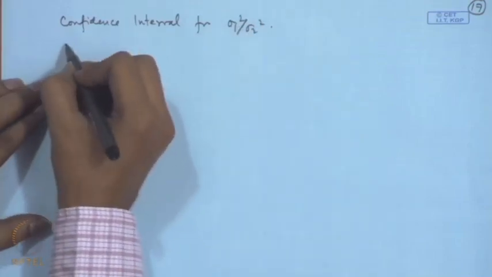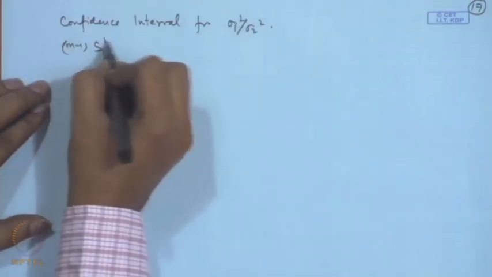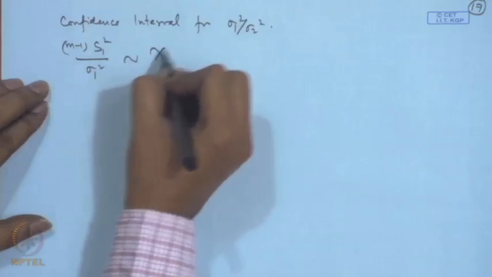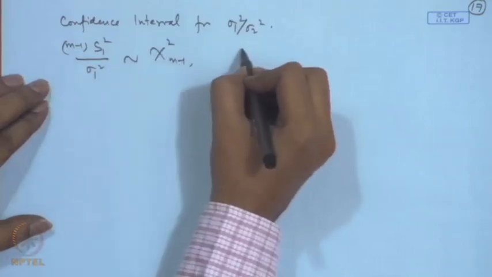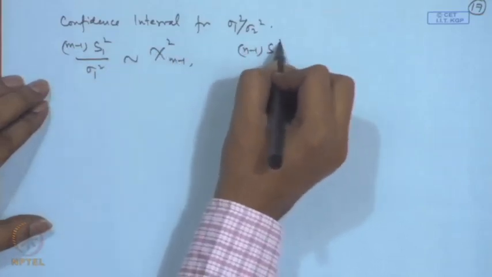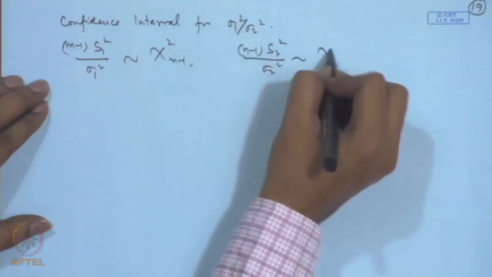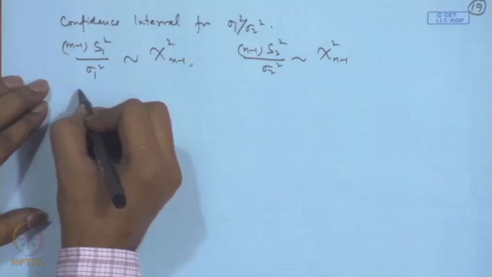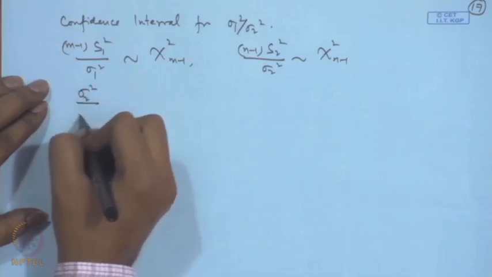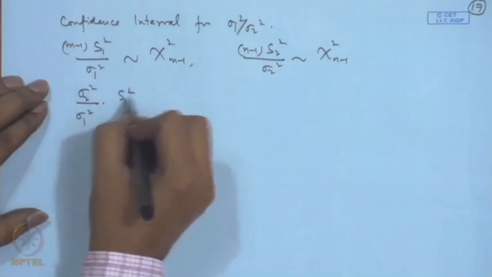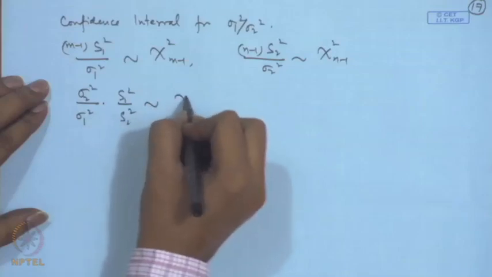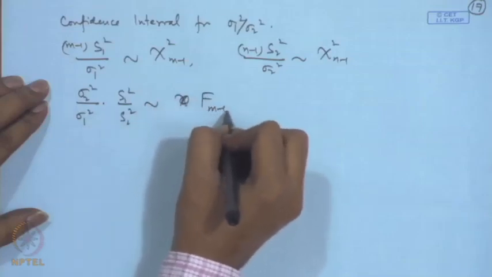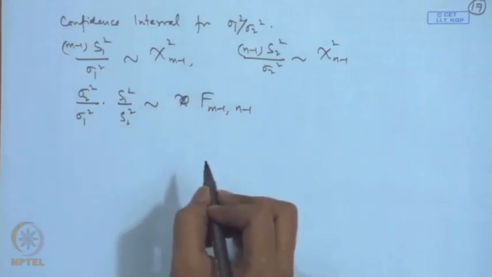So, we consider m minus 1 s 1 square by sigma 1 square following chi square on m minus 1 degrees of freedom, n minus 1 s 2 square by sigma 2 square following chi square n minus 1. If we consider the ratio, we get sigma 2 square by sigma 1 square s 1 square by s 2 square following F distribution on m minus 1, n minus 1 degrees of freedom.